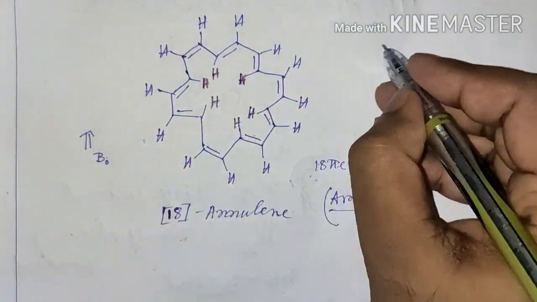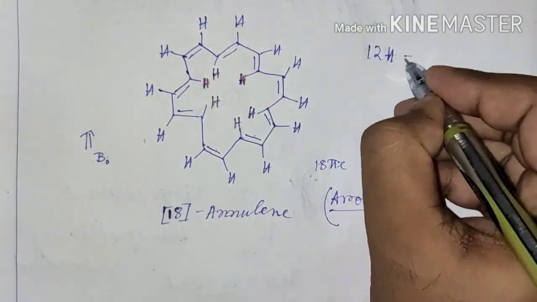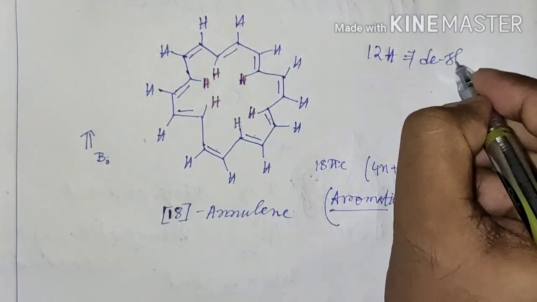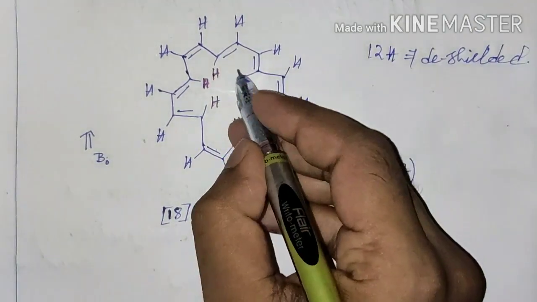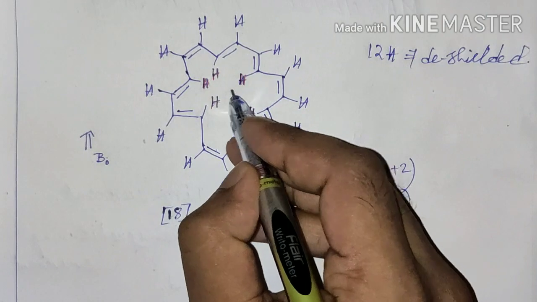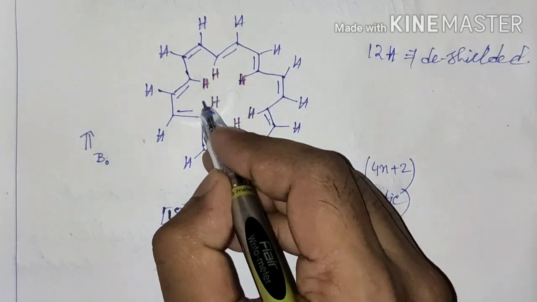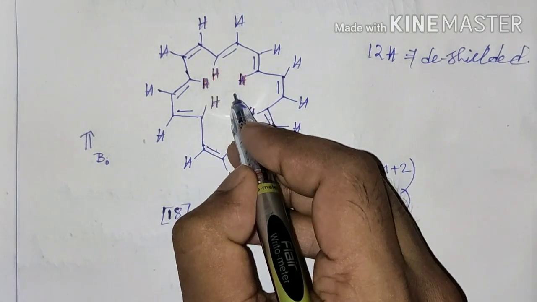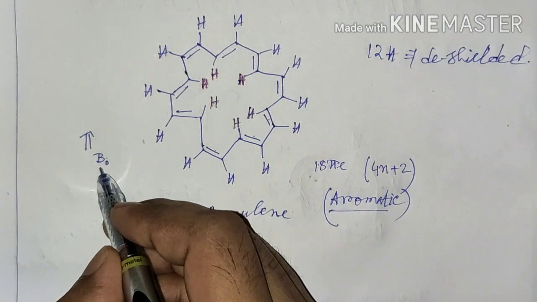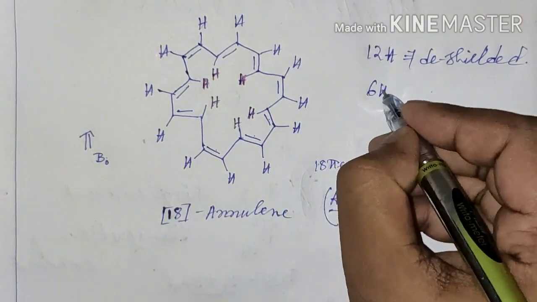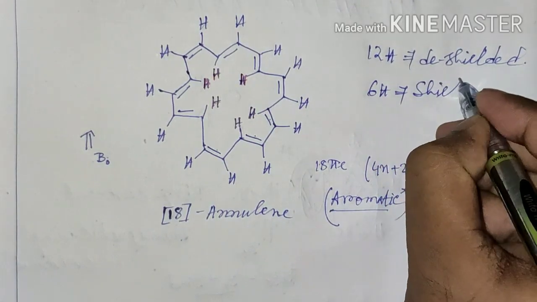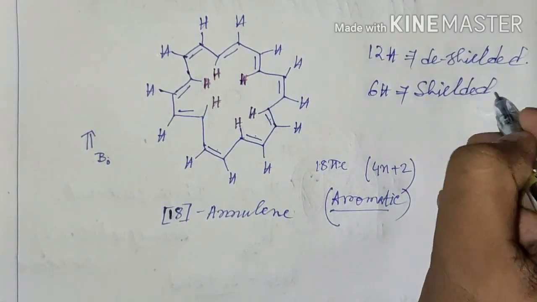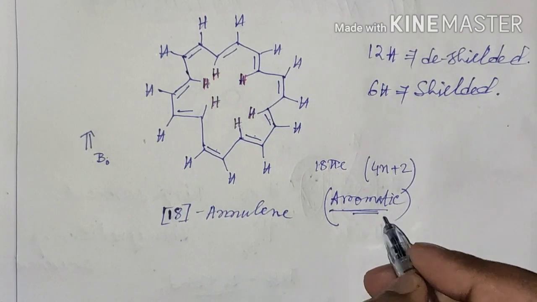There are 12 outer protons and they will be deshielded, and the 6 inner protons, since the effective magnetic field experienced by these inner protons will be less than the applied magnetic field, these 6 inner protons will be shielded, since it is an aromatic system.